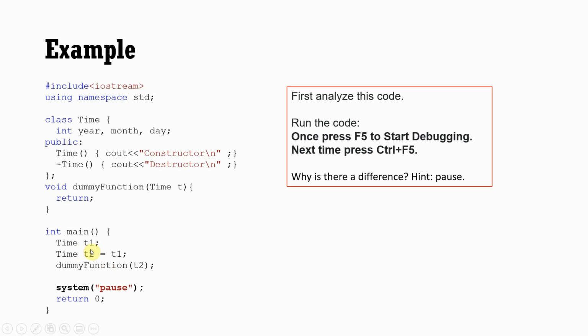I wanted you to see that any object that is instantiated, so here T1, T2, and T, eventually has to be destructed. Whenever it gets out of scope, it needs to be destructed. So T1, T2, and T are all going to call the destructor. So you should see the destructor messages on the screen.